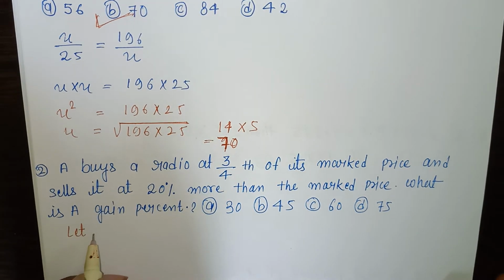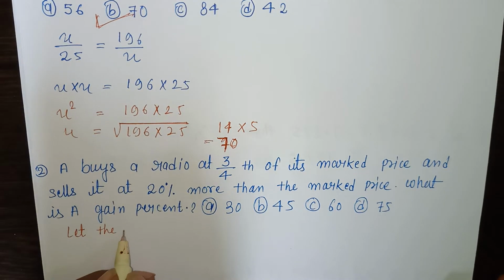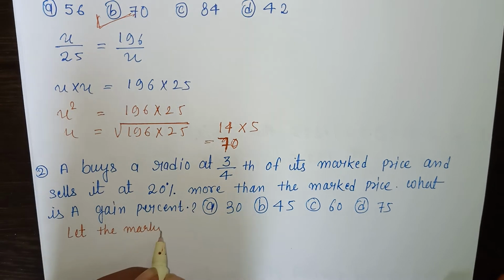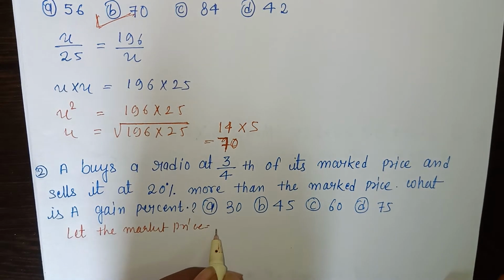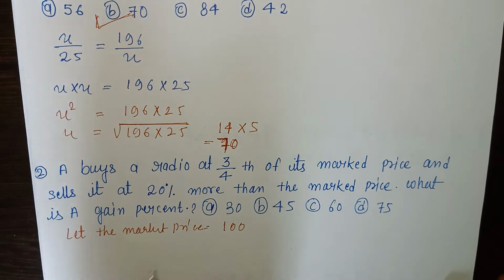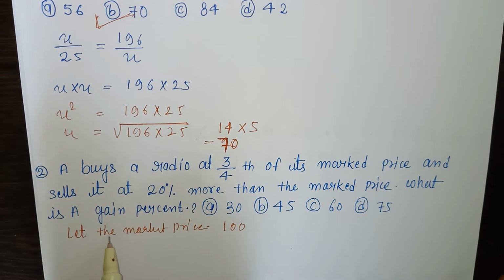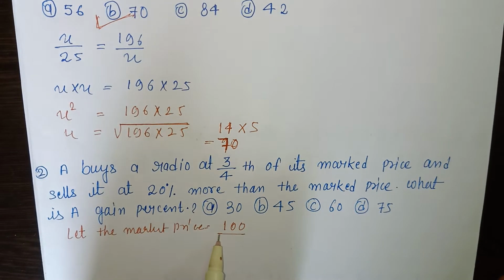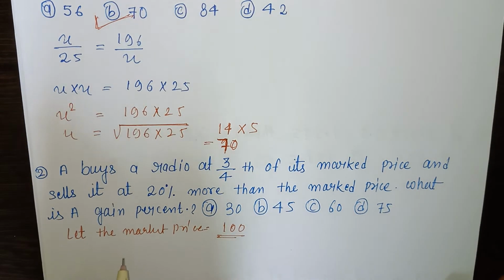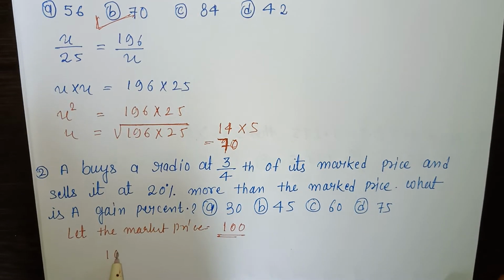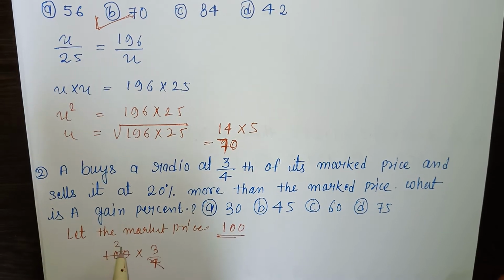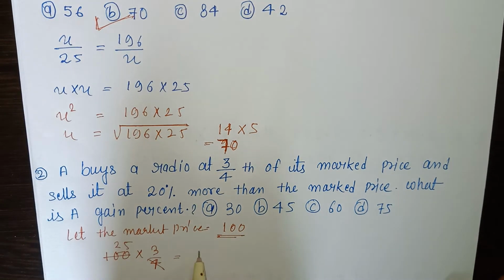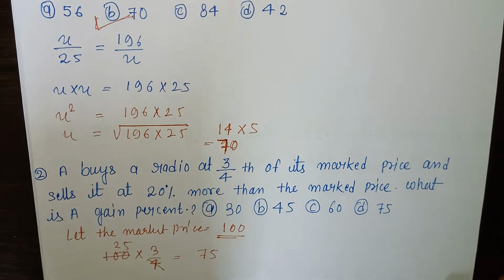Let the market price of the radio be rupees 100. Then buying price is 3 by 4th of 100, 25 threes, then 75 rupees.